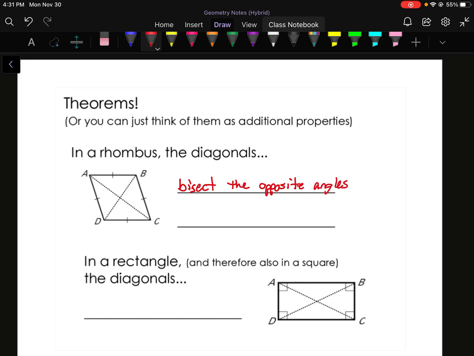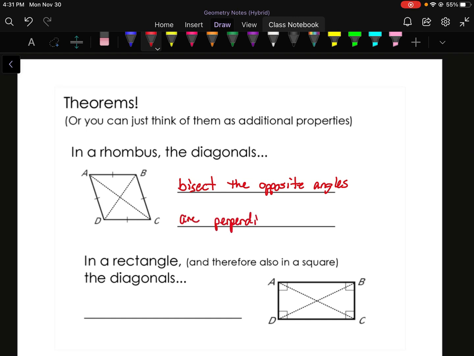So that means, if I'm looking right here specifically at angle B, it bisects it, so those 2 angles would be congruent. These 2 angles down here would be congruent. It bisects the opposite angles, and they are perpendicular to each other. So that means when they meet, they form a right angle.